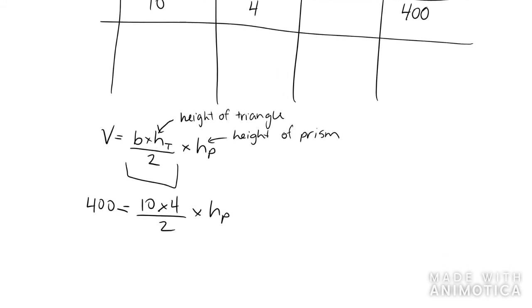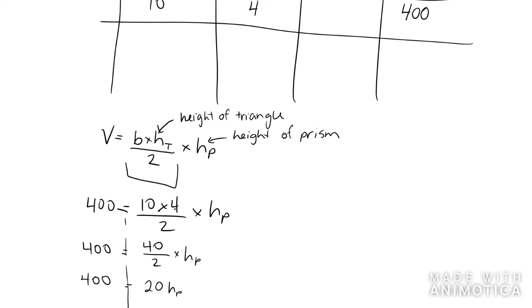So let's see what we get. Our 400, remember, do your line. Our 400 doesn't change because we have nothing to do yet. 10 times 4 is our 40 divided by 2 times HP. 40 divided by 2 gives us 20 times HP.